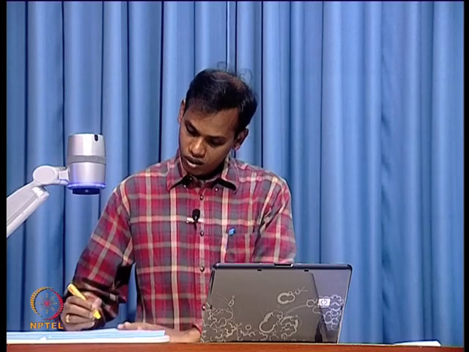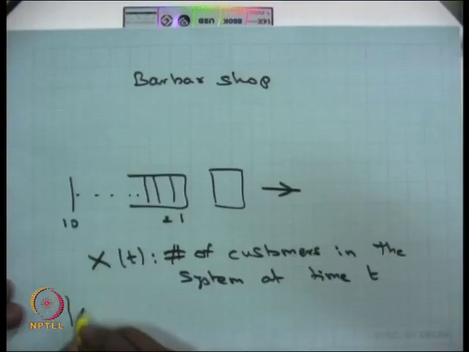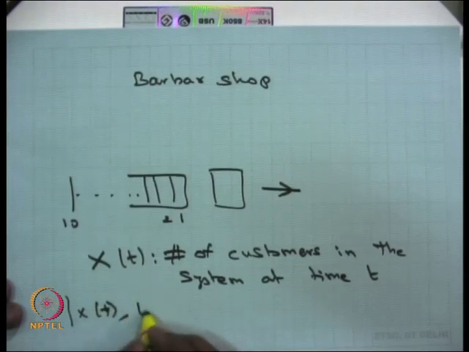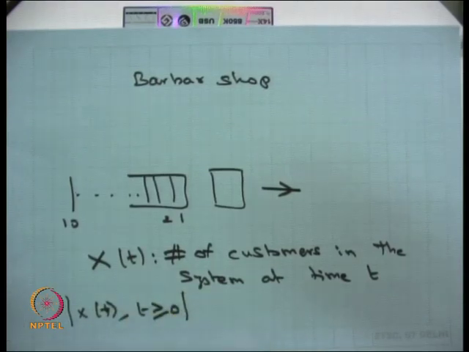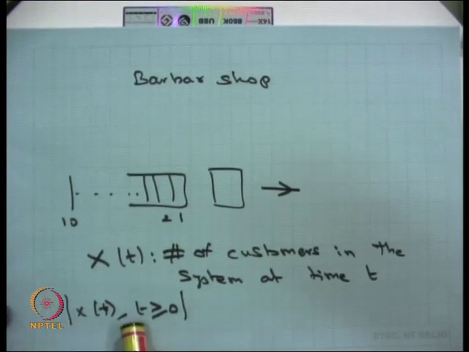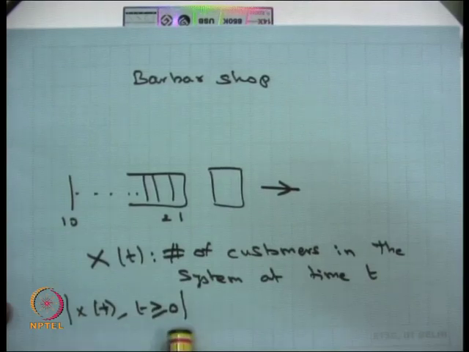If I know the dynamics of X_t for t varying from 0 to infinity, I can understand the system over time, and I can find whatever probabilistic measures, average number of customers or average waiting time and so on, using this type of random variable. Later we are going to say this is one of the stochastic processes for this example.